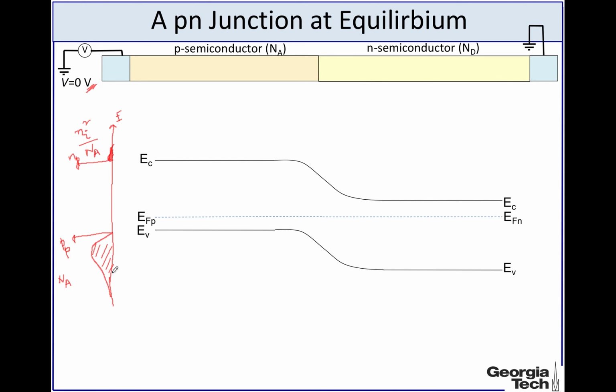Now similarly for the N side, you have a lot more electrons, so it will look something like this.